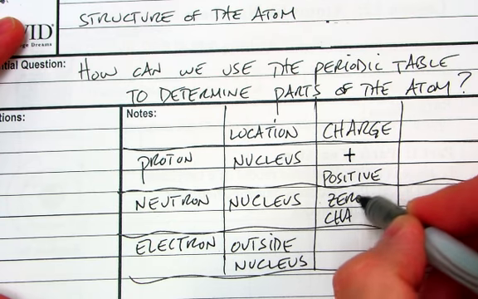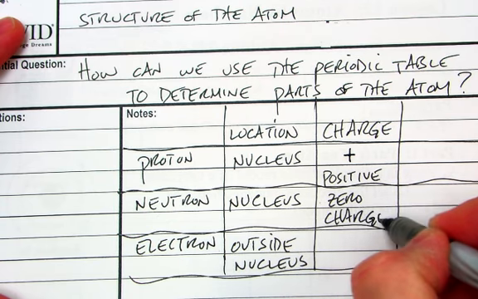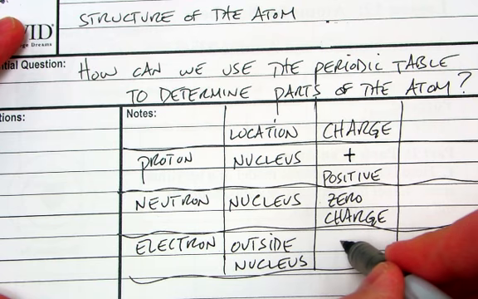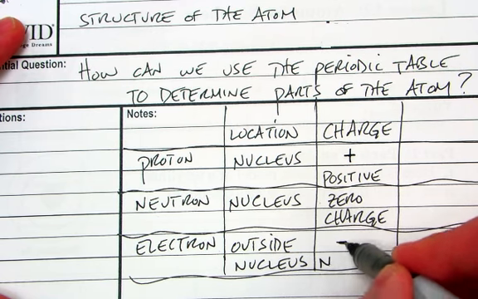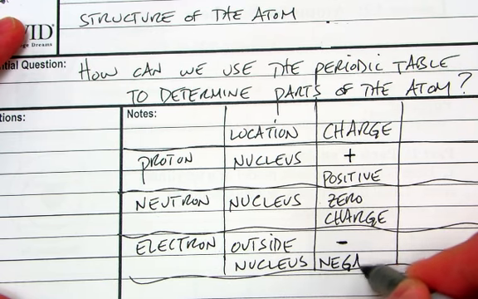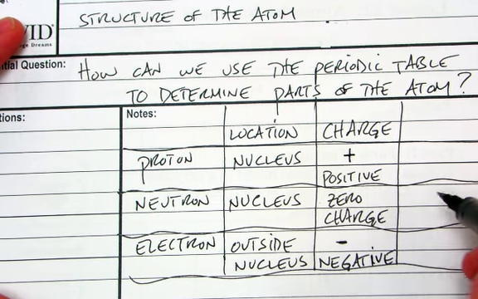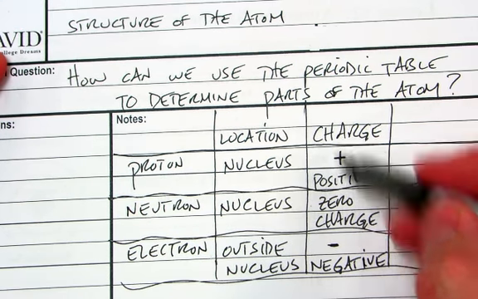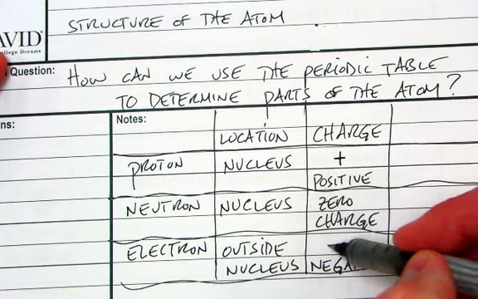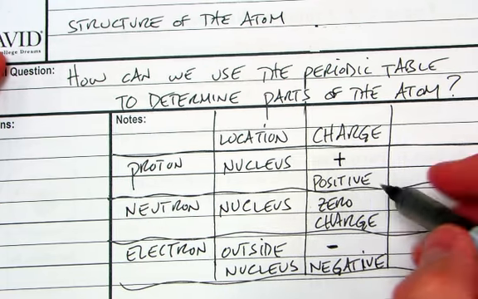You could write a 0 or write the word like I did. And the electrons have a negative charge, so I'm going to write the minus for a negative, and I'm going to write the word. You write down whatever makes sense to you.